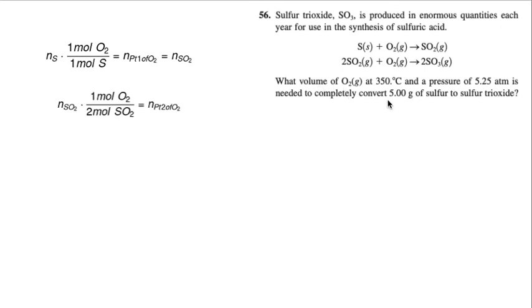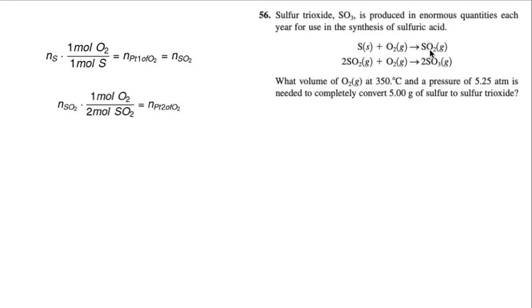So of course we could convert grams of sulfur to moles of sulfur, but there's an important distinction to make. Most students would just simply say, assume that we need 2 moles of O2 to every mole of sulfur. But that is incorrect, because if we convert the moles of sulfur to the moles of O2, that would be the exact moles of SO2 that would be produced.